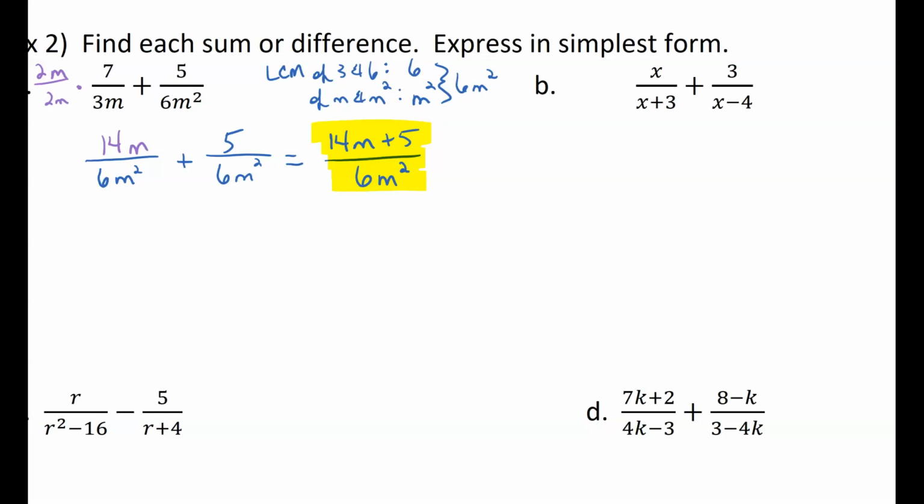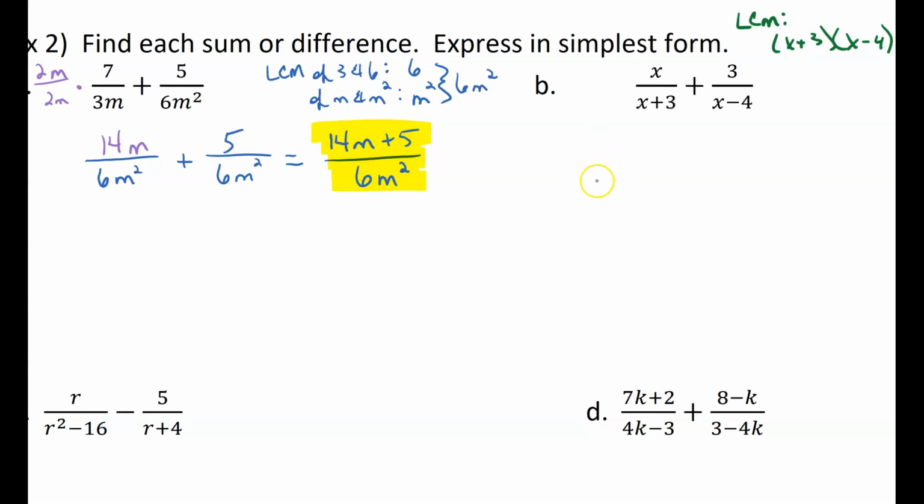X, but remember, in x plus 3, what's x attached to? It's attached to a plus 3, and the other one is attached to the minus 4. So can you really factor anything out? No. So that means that the least common multiple will be x plus 3, x minus 4.